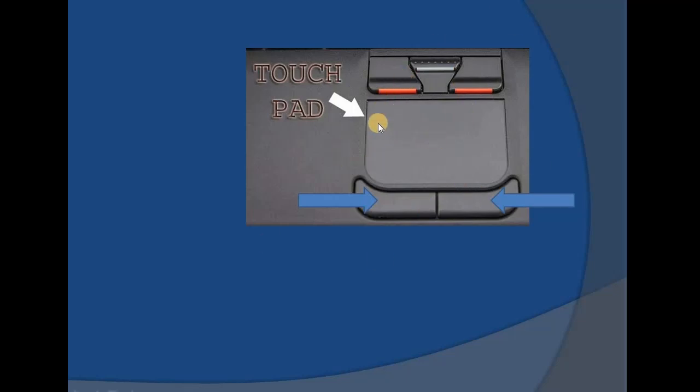This is the surface where you can move the cursor around the entire touchpad. It also consists of two buttons, like we had in the mouse, left click and right click. The only thing we need to remember is that the task performed by the mouse has been converted into the touchpad, which is inbuilt with the laptop.